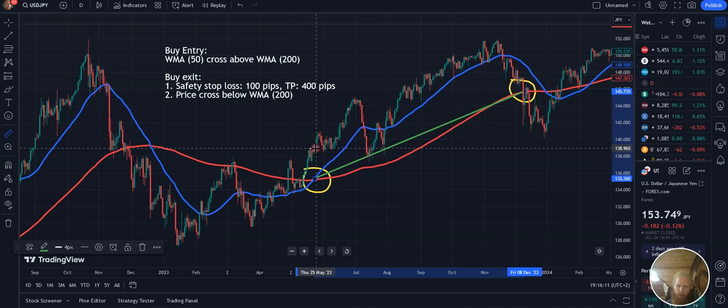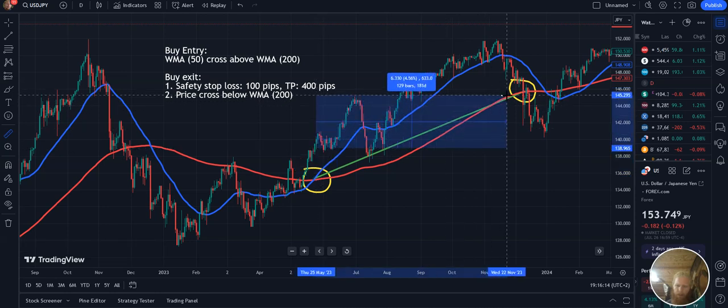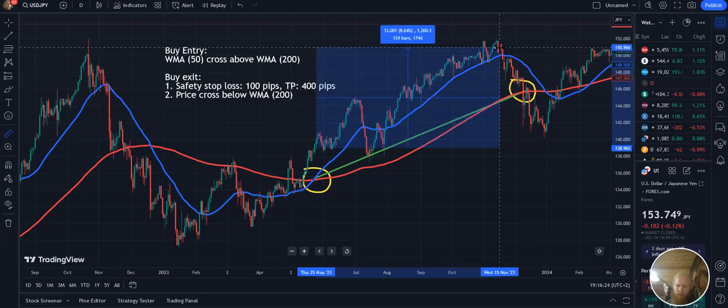If we entered here and we exited somewhere here, it is around 700 pips. Of course, it would have been better to close it here, but life is not about 100% setups, and this setup is actually working on long-term data.